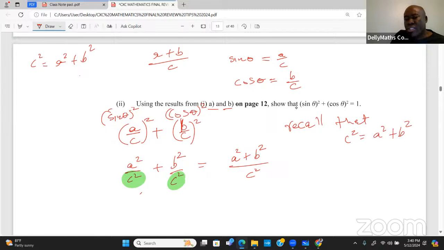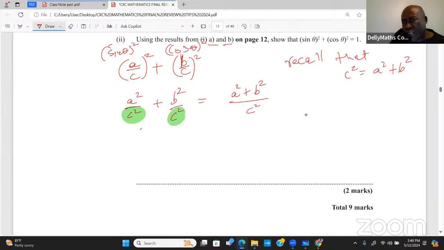I could substitute it two ways. I could put C squared for A squared plus B squared, so this here is the same thing as C squared over C squared. And anything divided by itself gives you 1, hence the proof. We have just proven that.